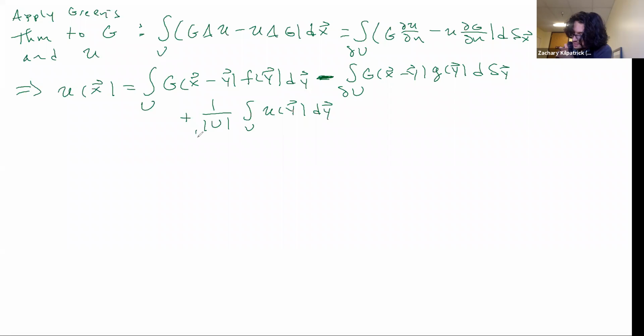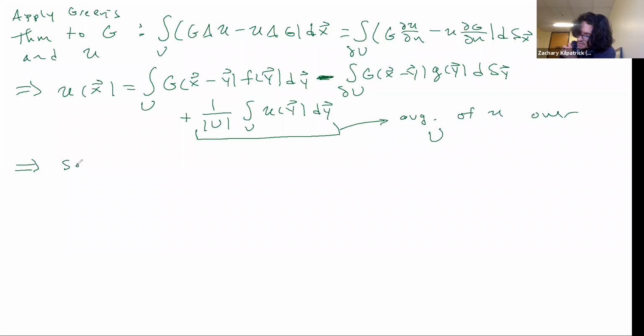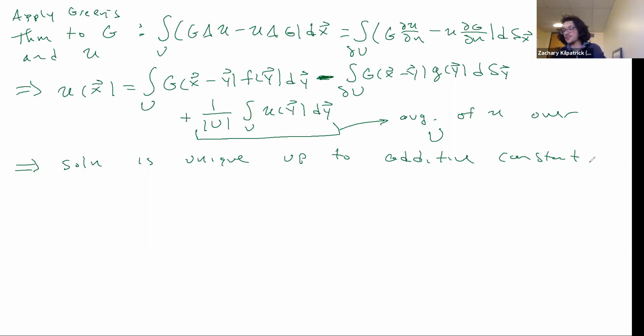So what is this? Essentially just the average of U over my domain U. And as we might expect, our solution is unique up to an additive constant, because I can always take U and shift it by some constant.